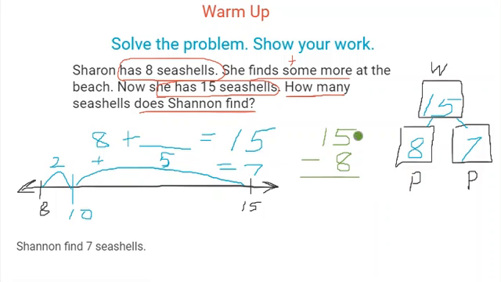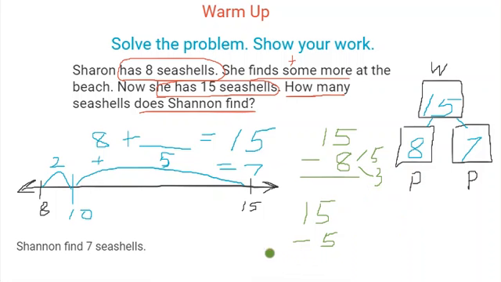So instead of saying 5 minus 8, I'm going to do a couple of different steps here. So 15 minus 5 first, because that 8 is 5 and 3.